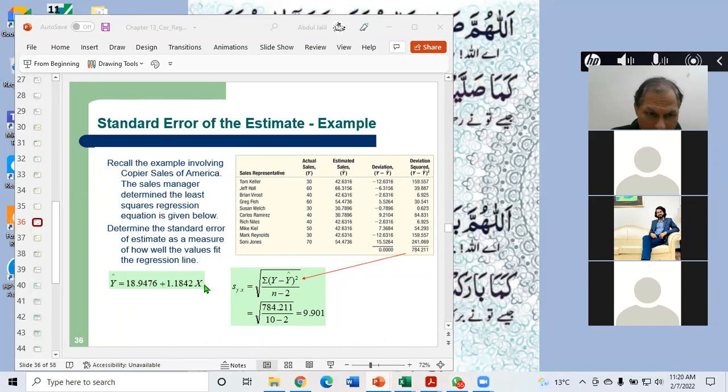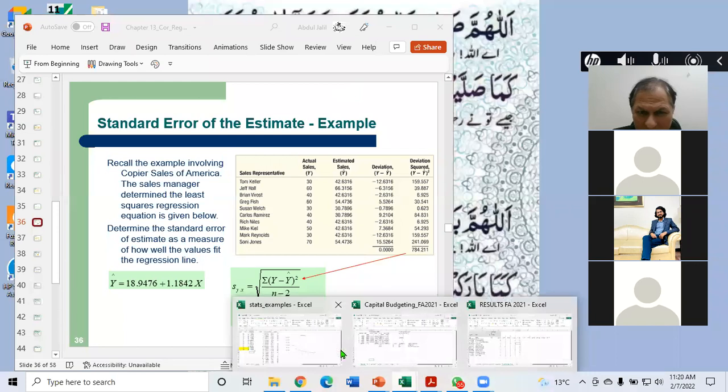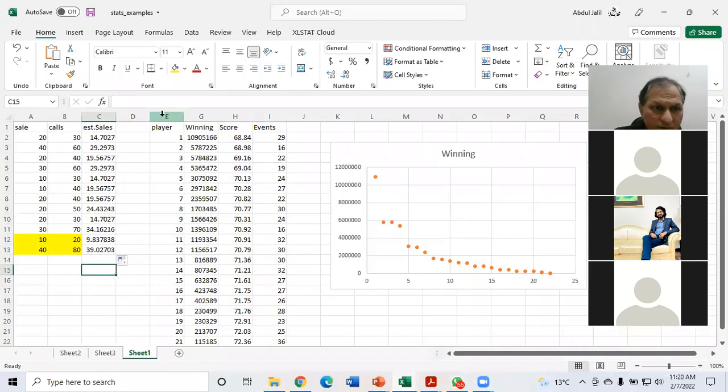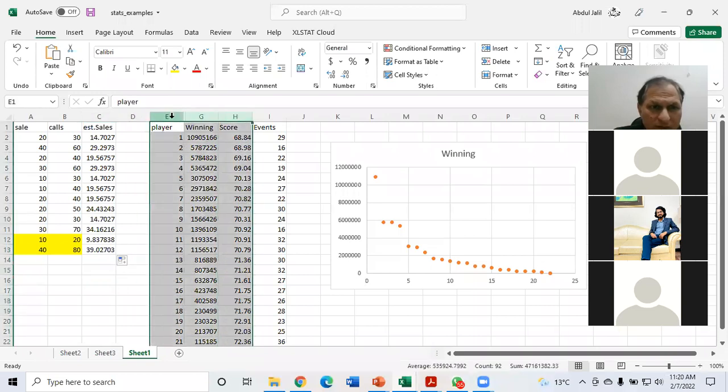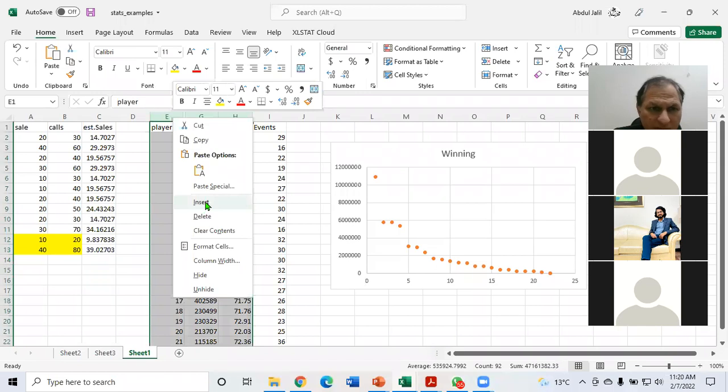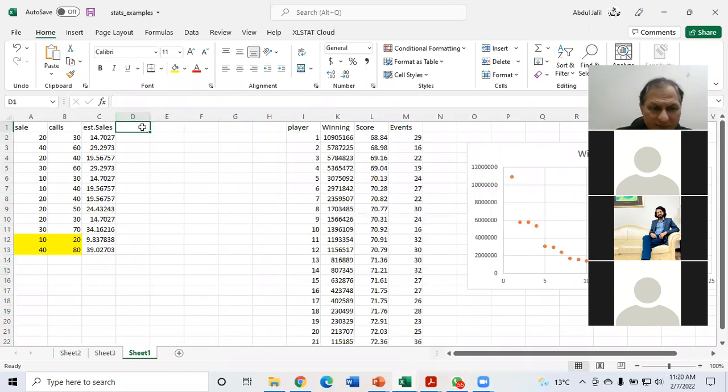This is the model calculated, and then you can calculate the standard error of estimate. It can be calculated easily: y minus y hat, over n minus 2. Just like you have calculated this value, if we are going to generate a few columns, here you can calculate these sales.